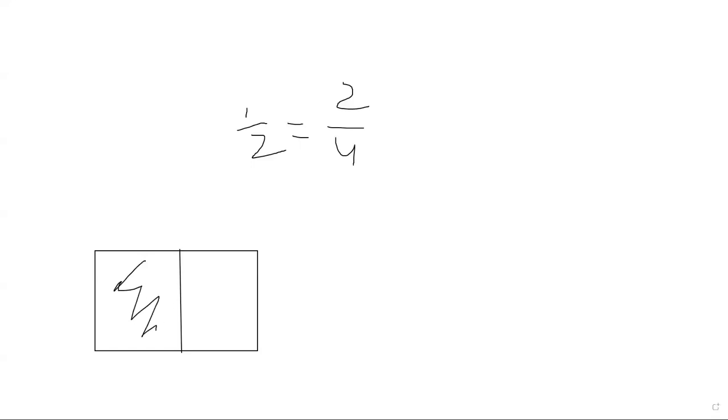So how does 1 by 2 equal 2 by 4? Simple. Equivalent fraction means you have this type of fraction and you divide it into more parts but select the same part. If you didn't understand, let me show it to you.